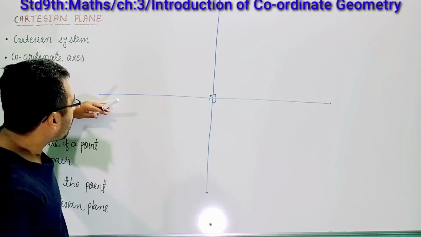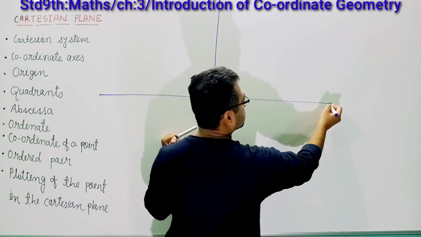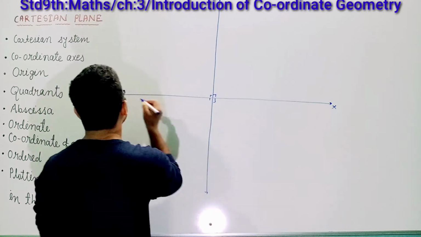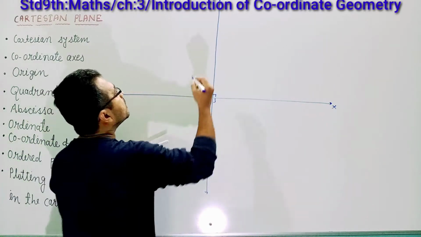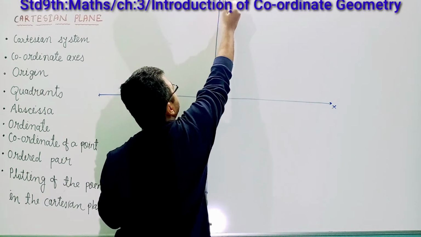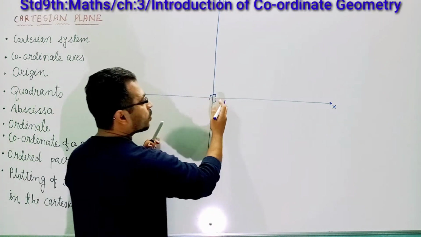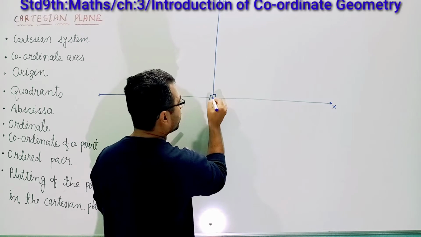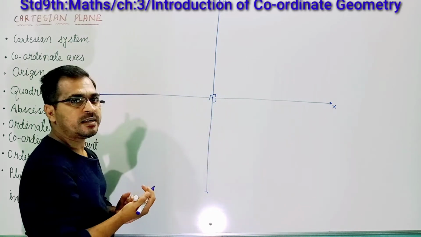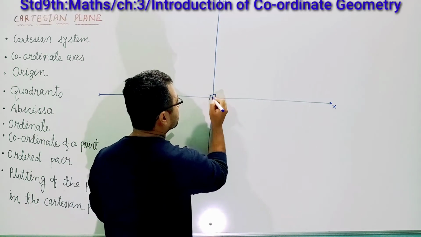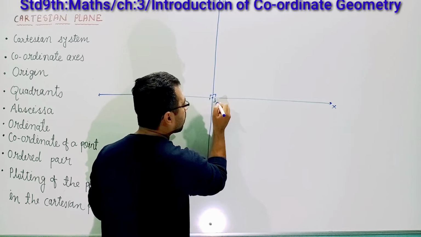So here the horizontal line is known as the x-axis, and the vertical line is known as the y-axis. The point where these lines intersect is known as the origin.